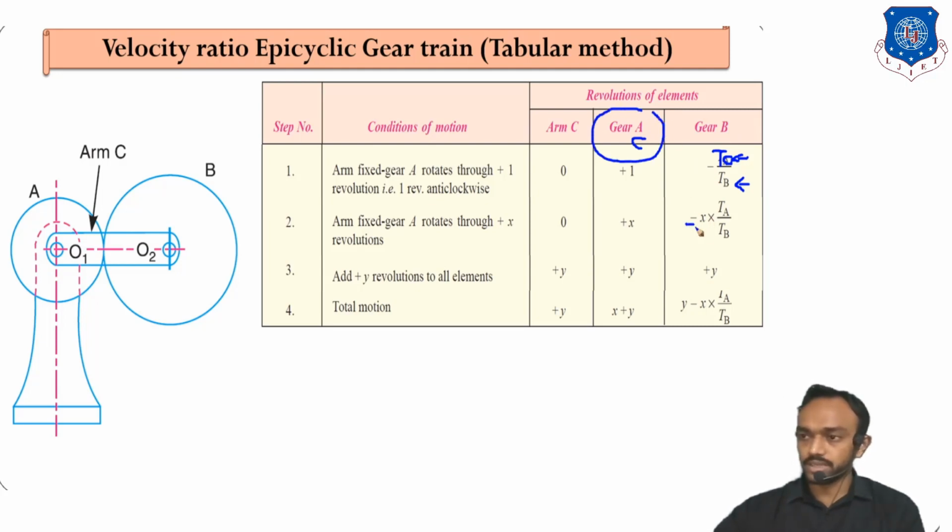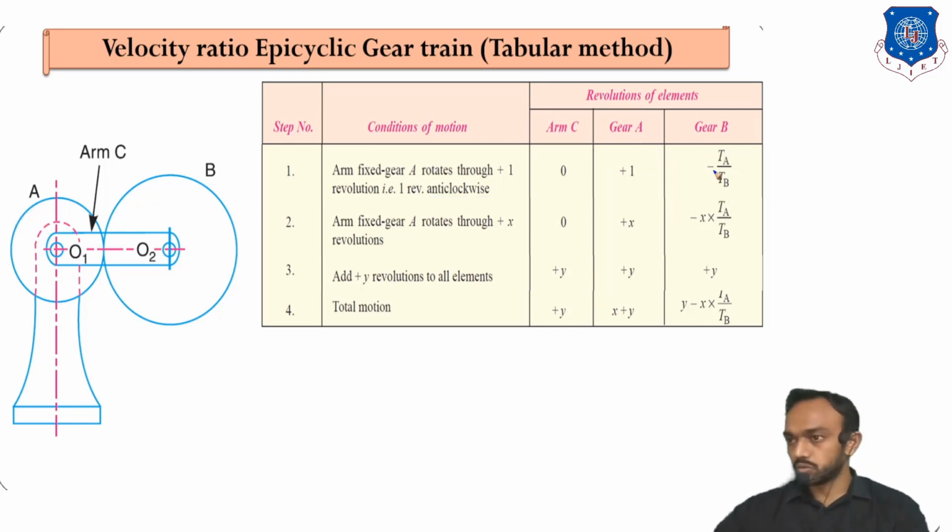Okay, so minus x. Why is there a minus x? You know that if I give anti-clockwise direction, which we consider as plus, then this gear B will rotate in a clockwise direction, so indirectly it will be considered as a minus.